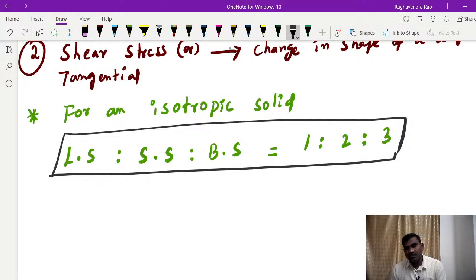So for an isotropic solid, the ratio of longitudinal stress to shear stress to bulk stress or volume stress will be 1:2:3. This is for an isotropic solid.